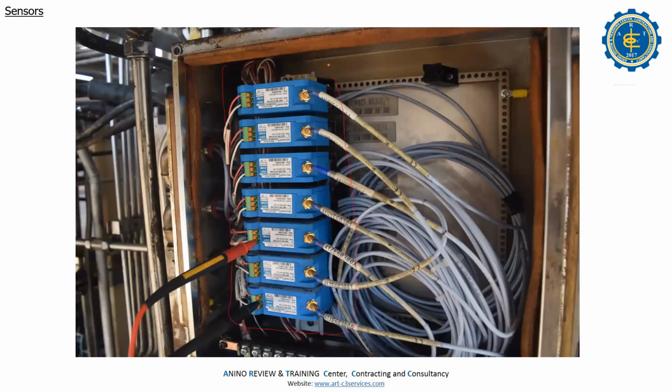This wire goes to the equipment, and these two wires go to the 3500. In your system one here, we also have a 3500, and then we have the display for System 1.